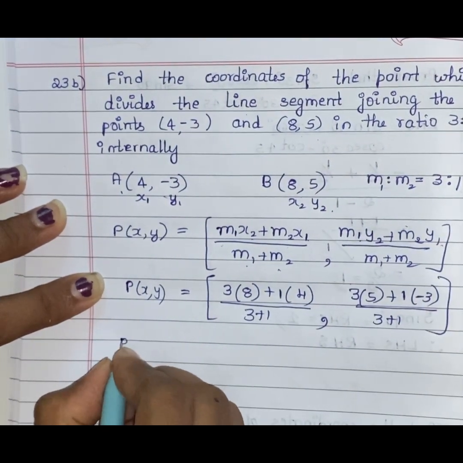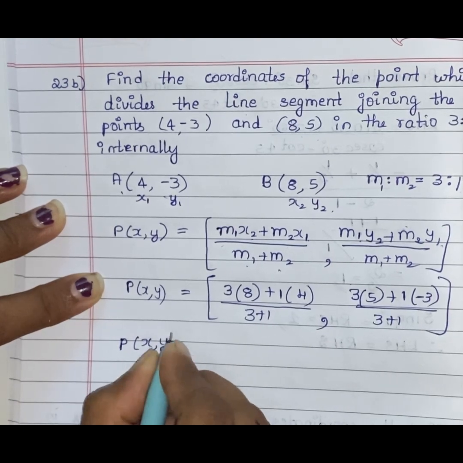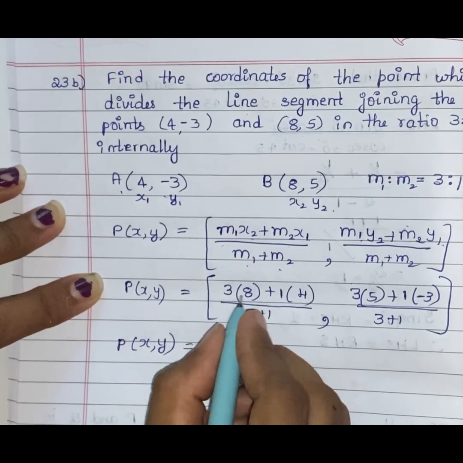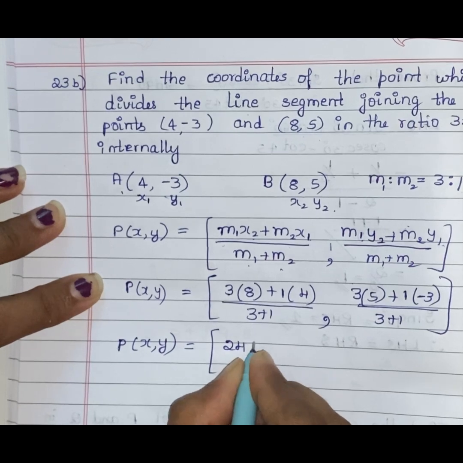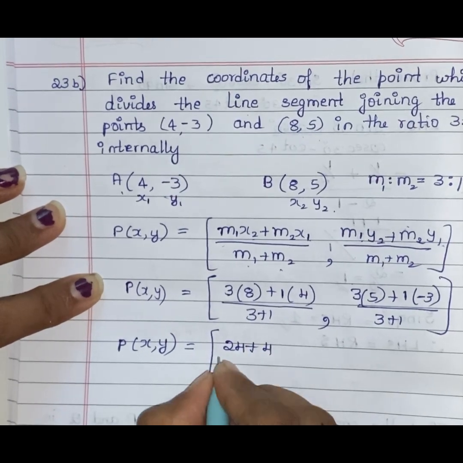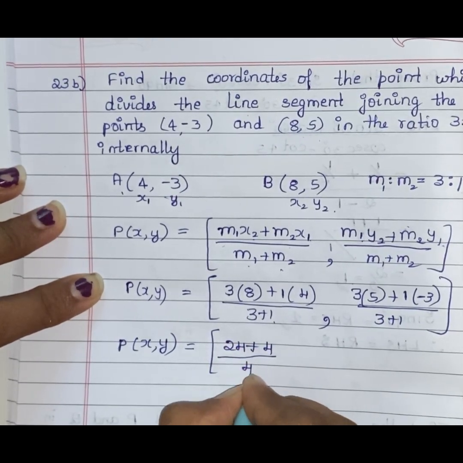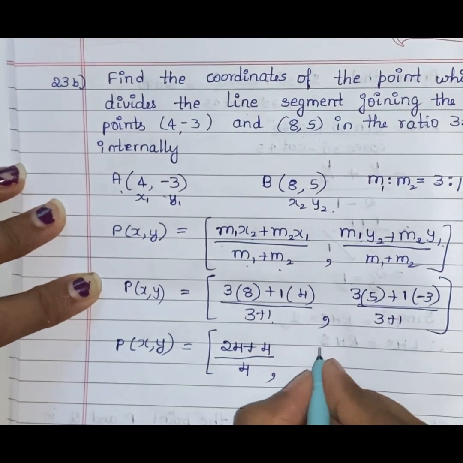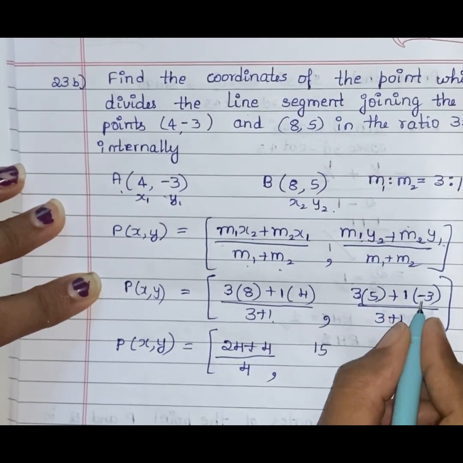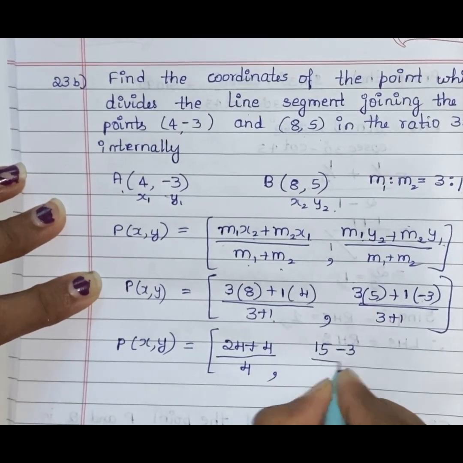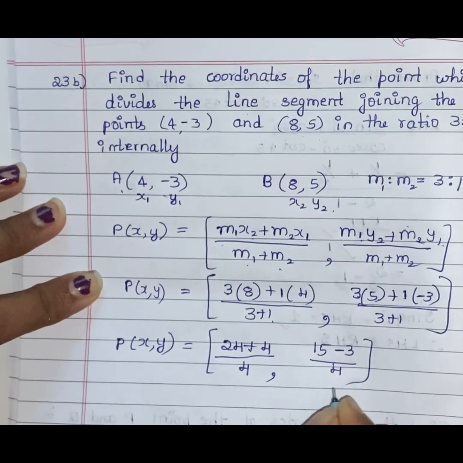Okay, again P of x comma y is nothing but 8 3s are 24 plus 4 1s are 4 divided by 3 plus 1 is 4, comma 5 3s are 15, 1 into minus 3 is nothing but minus 3 divided by 4.